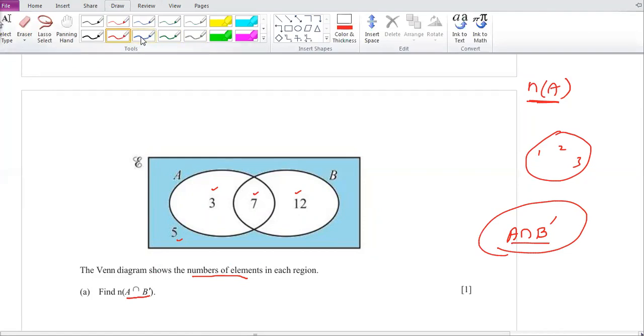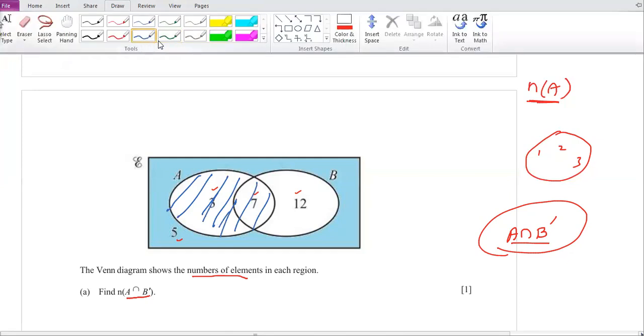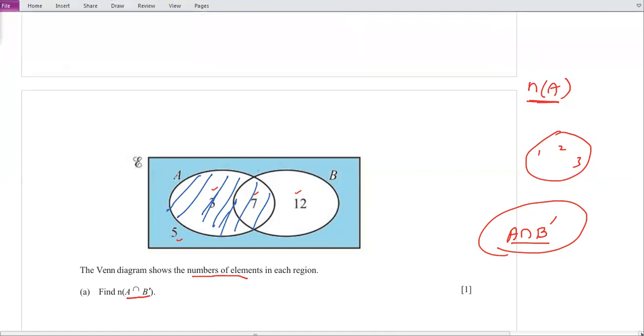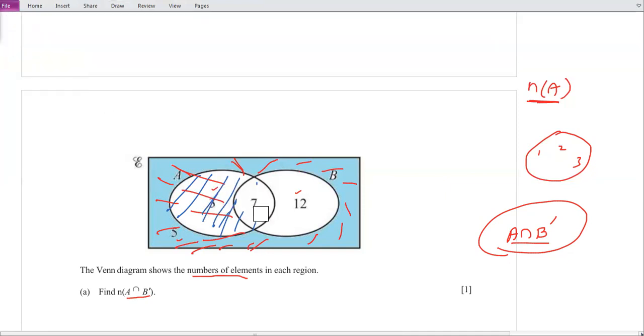First I shade A, inside A. Then B complement, which means outside B, so shade outside B. As it is an intersection, you only keep the part you shaded both times. We shaded this one both times, so the rest I have to erase, since it was shaded only one time.